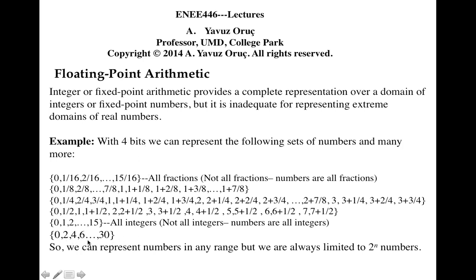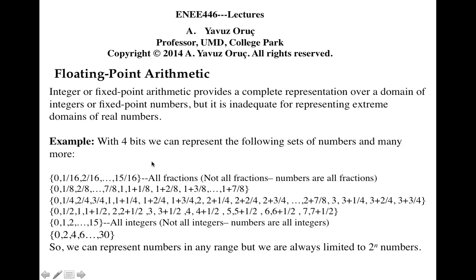In this case, we represent even numbers like 2, 4, 6, 30, which doubles these numbers. If the binary point goes to the right one more place, they're going to be 4, 8, 12, and so on. And 0 is always there.